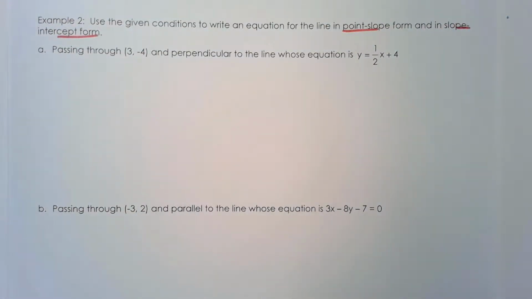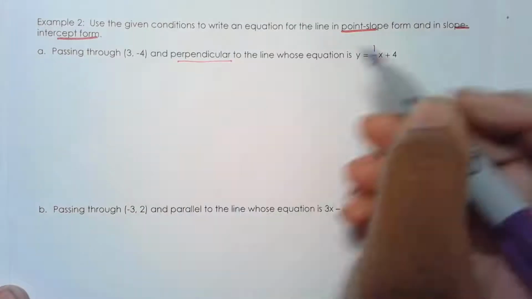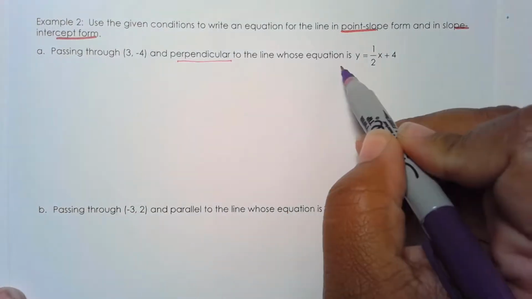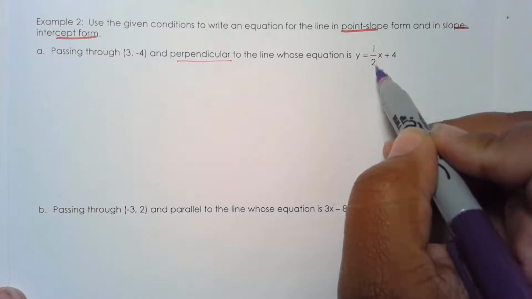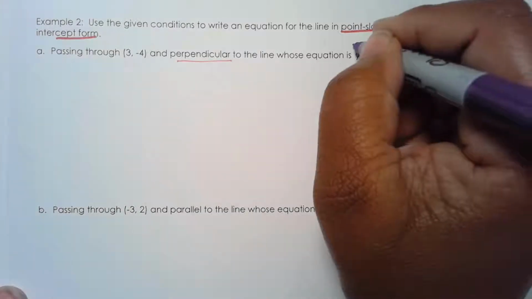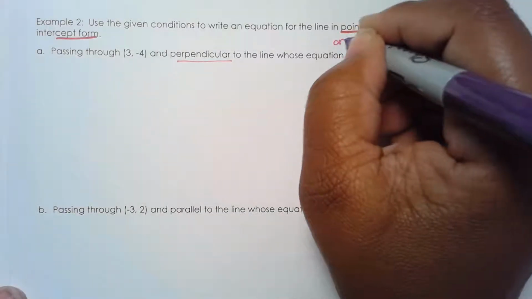All right, so let's go ahead and do this one. First example, it says passing through 3, -4 and perpendicular to the line whose equation is y equals 1/2 x plus 4. So this is the original equation.